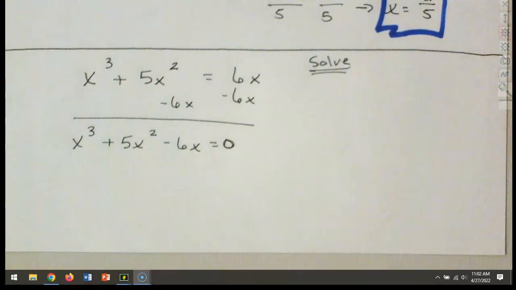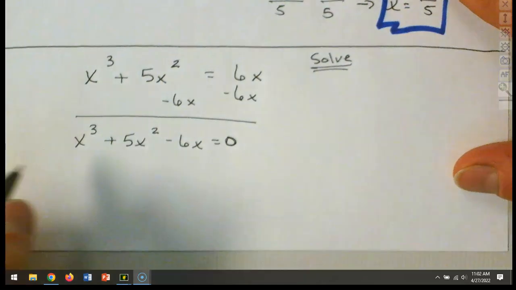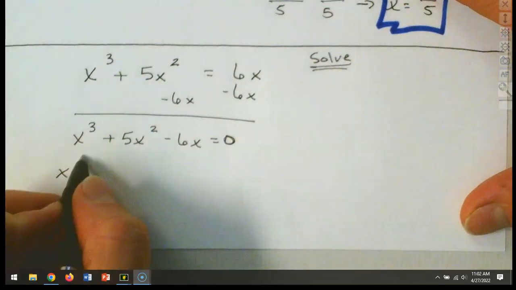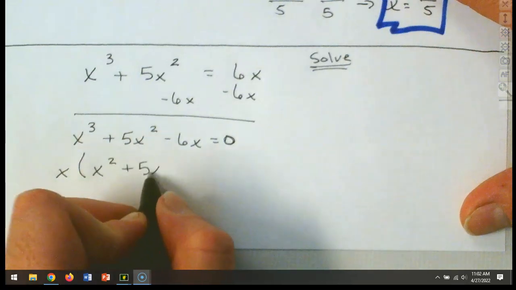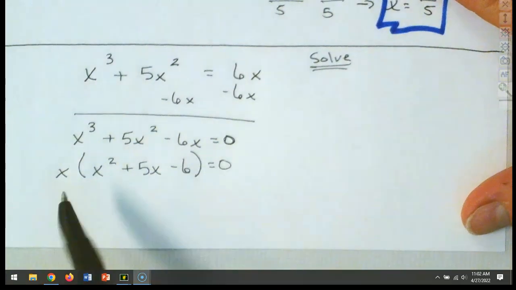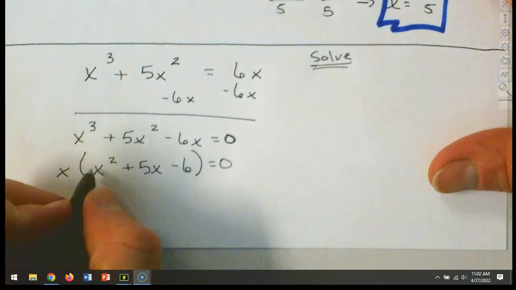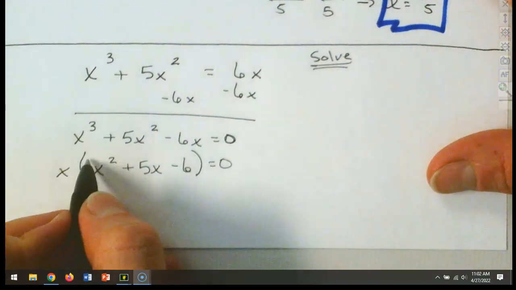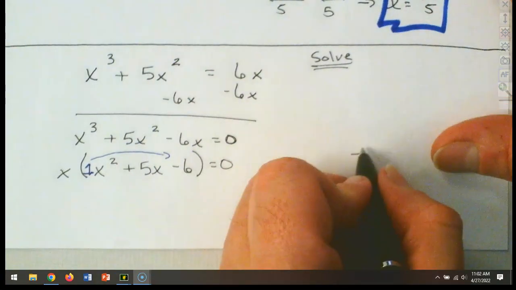What can I factor out to begin with? What can come out at the very beginning? Okay, an x can come out. So there's 1 right there. Now we've got x squared plus 5x minus 6. That's going to factor out because first times the last is a negative 6.